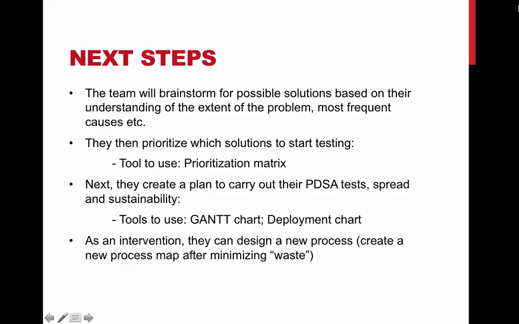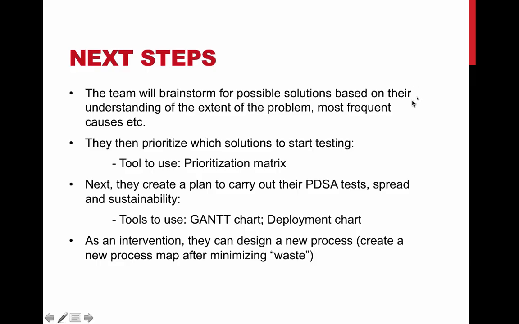Okay. Now, here you don't have any data to back it up. You only have some hunches. That is why you should not use them in the earlier process. In the earlier process, you want to rely on hardcore data. That is why you use a Pareto chart and a fishbone diagram. Okay. Here you only have a few hunches. Okay. So you will use a prioritization matrix to prioritize your solutions.